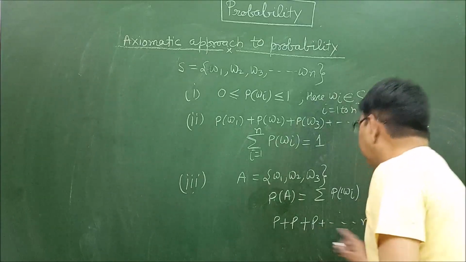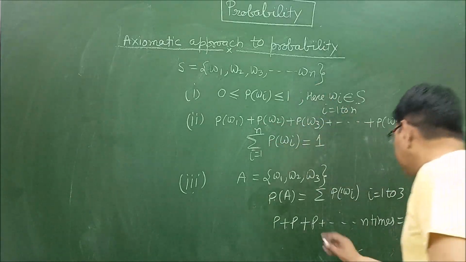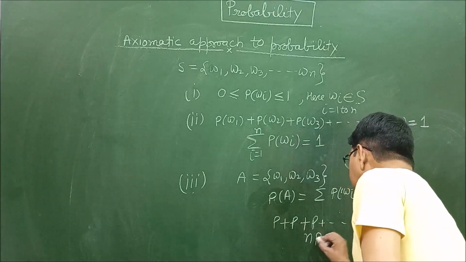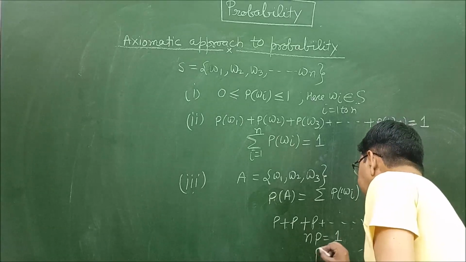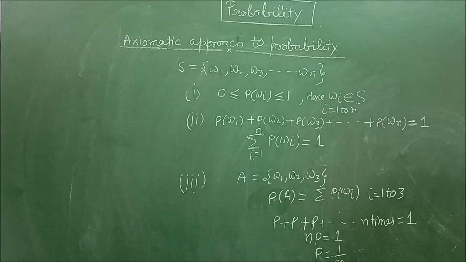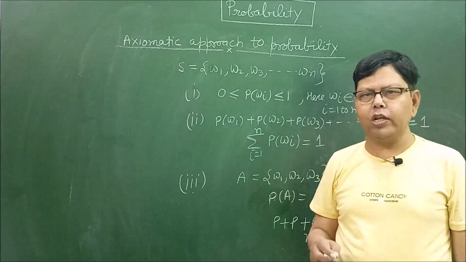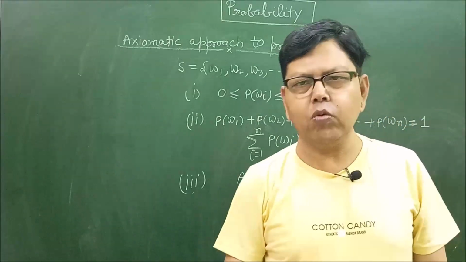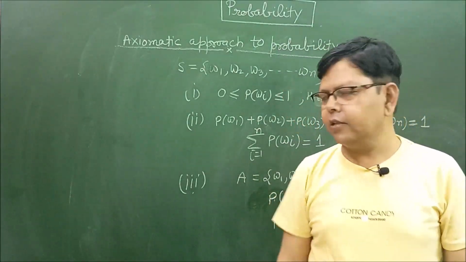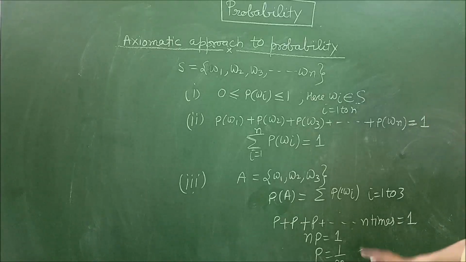So nP is equal to 1, because there are n elements in the sample space, or the probability P is equal to 1 upon n. So the probability of each elementary event, if these events are equally likely, meaning all have equal chances of happening, is equal to 1 upon n.